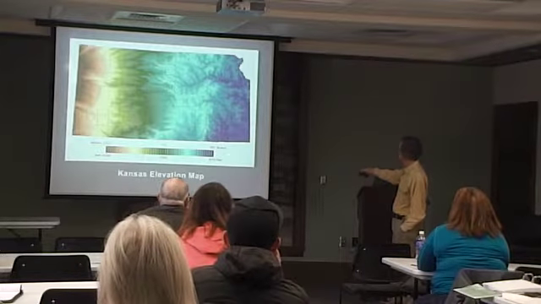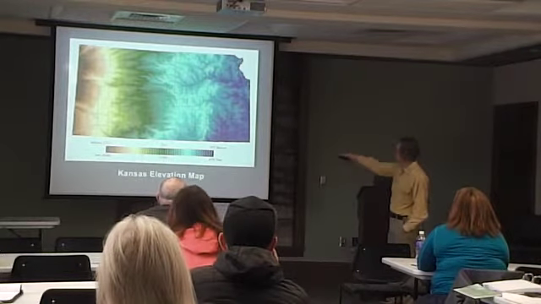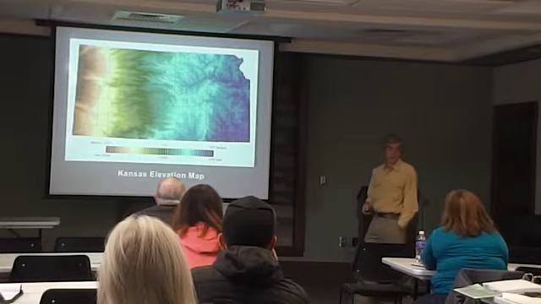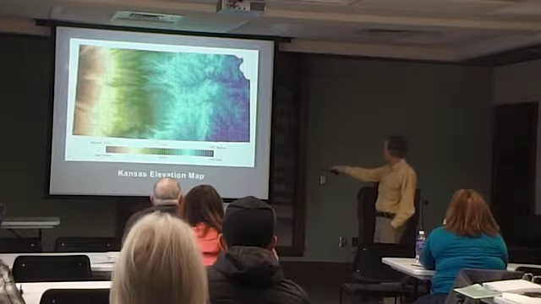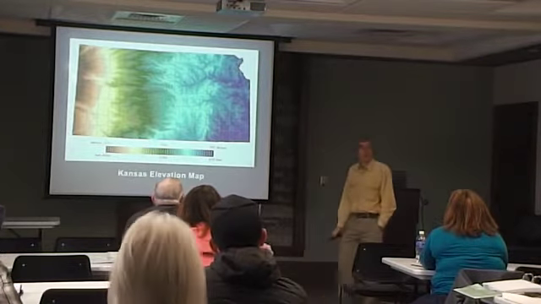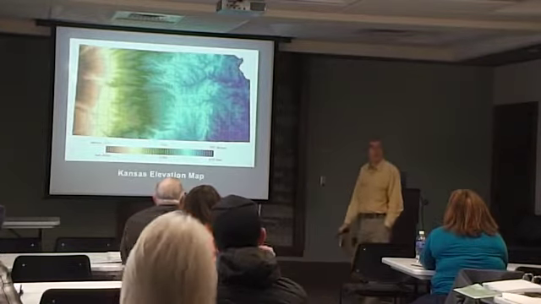We're 700 feet or so above sea level. Out here at the westernmost edge of Kansas, we're over 4,000 feet. So we have a 3,500 foot elevation change across the state. So the whole state is sloped upward.